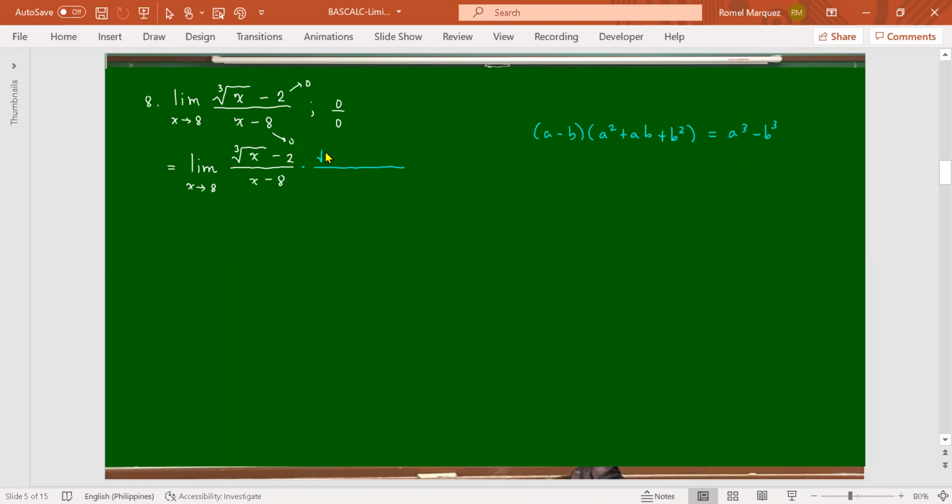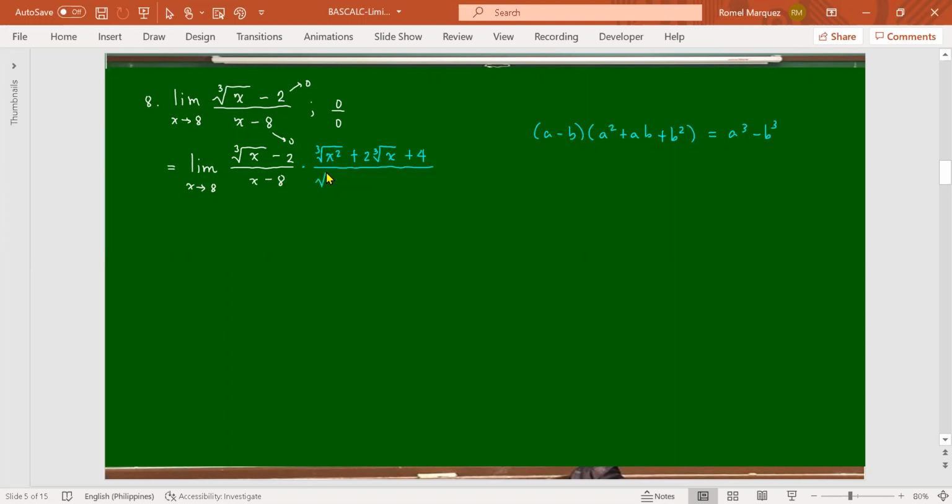Okay? So square the first. So cube root of x squared, plus the product of the two, plus 2 cube root of x, plus the square of the second. So plus 4.